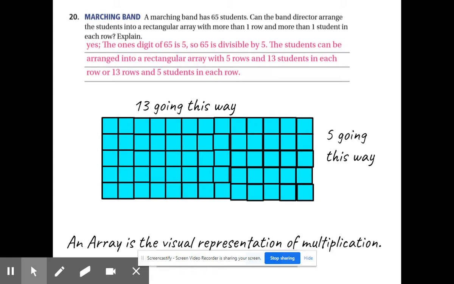So that's exactly the answer that I would like you to have. And that's kind of like what I'd like you guys to start seeing when you imagine multiplication, is I would like you to imagine it as groups. So a group of 5 multiplied 13 times can make a rectangular array, okay? And we'll be doing some of that later on in the school year as well. We will be building arrays on graph paper. I promise you it's going to be fun, okay?